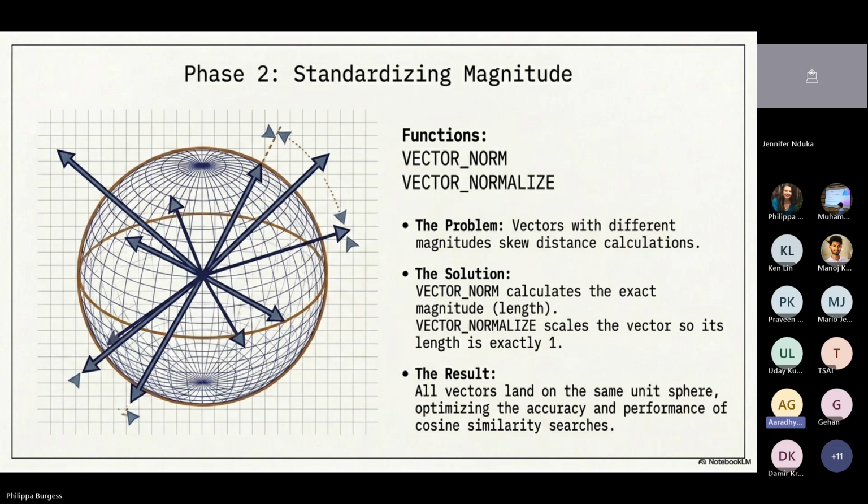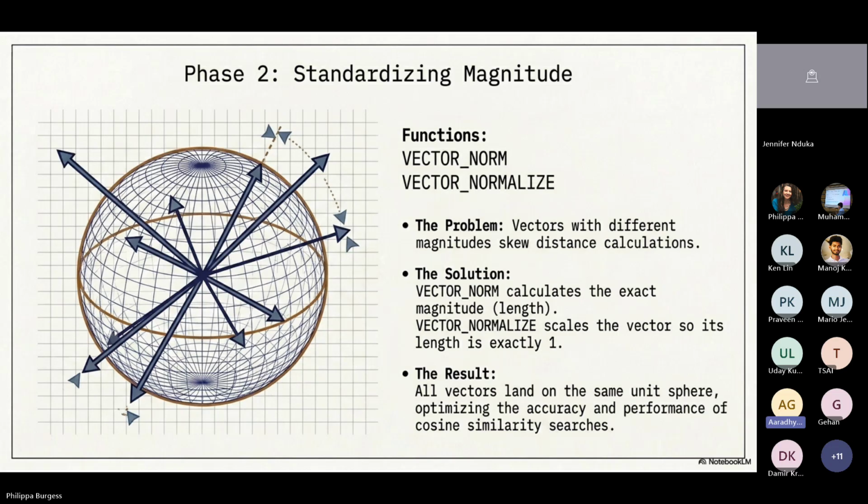To solve this, we must standardize our vector space, which we accomplish using two primary T-SQL functions. These are vector norm and vector normalize, which you can see in the slide. The difference between them is that vector norm calculates the exact magnitude, or the literal length, of a vector using the Pythagorean theorem across all dimensions, and it gives us a single number representing the vector's total length.